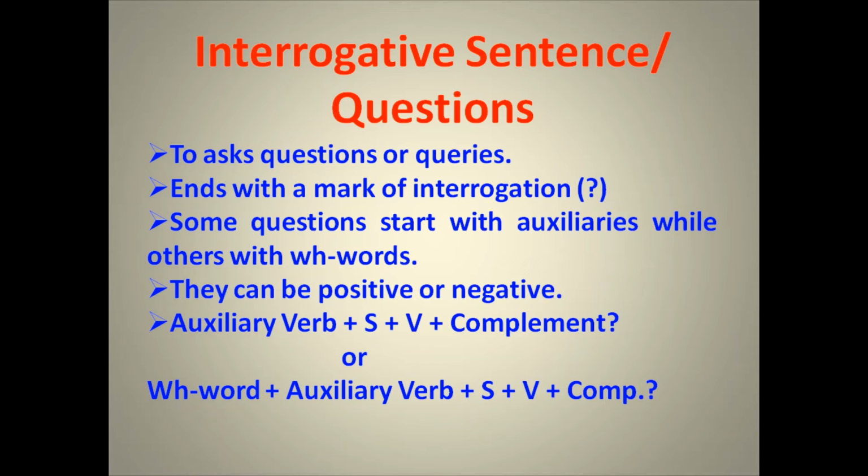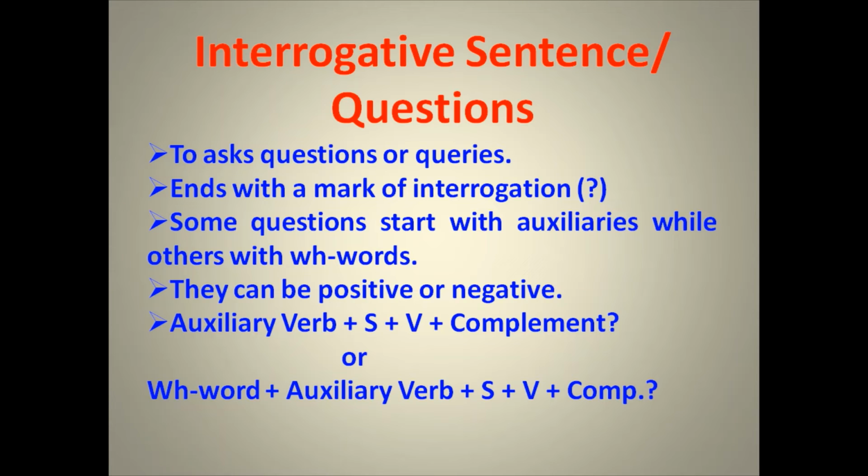Now listen, I am telling again and again: in this category, there are two types of sentences, interrogative and question. The structure of the interrogative type of sentence is helping verb plus subject plus verb plus complement, and at the end a question mark.